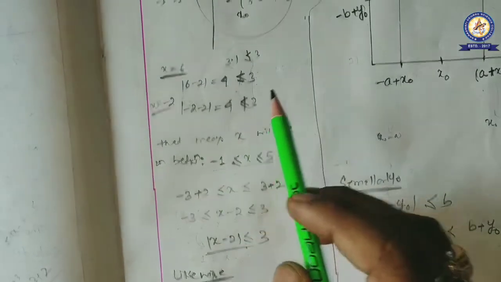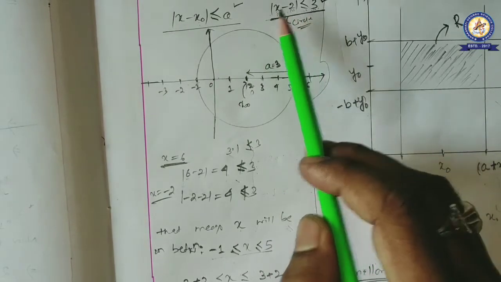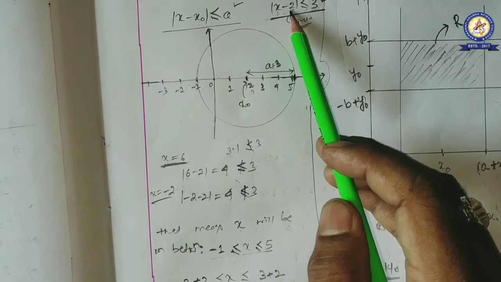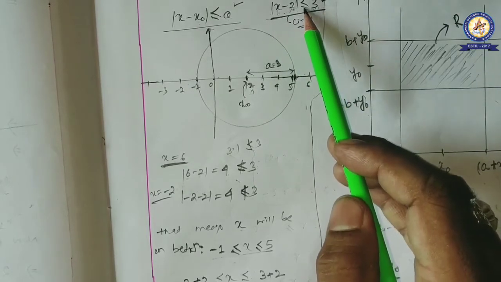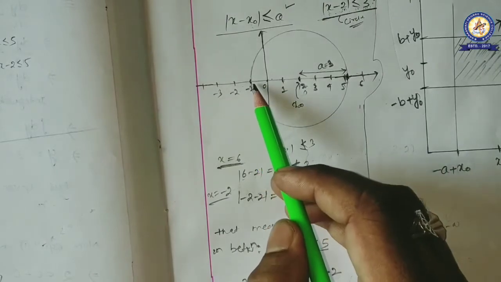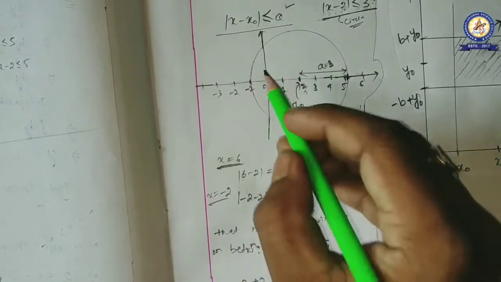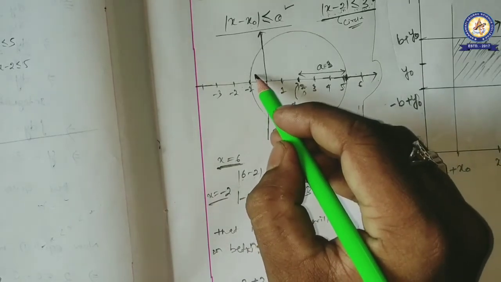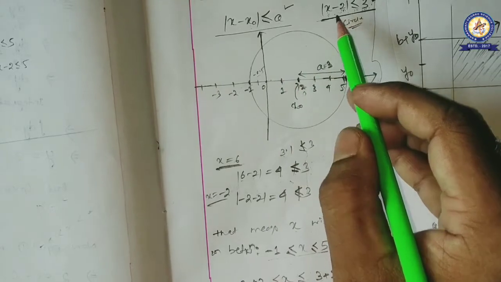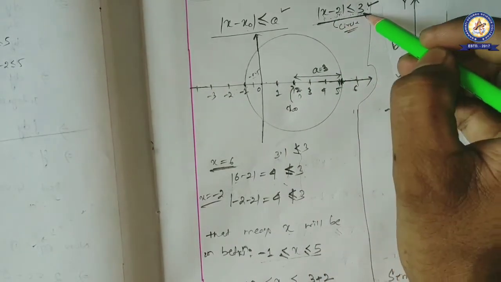If we consider minus 1, then minus 1 minus 2 is minus 3 and its mod is 3, so 3 is equal to 3. So minus 1 can be considered, and points greater than that as well. Suppose I consider minus 0.5. Minus 0.5 minus 2 is minus 2.5, and its mod is less than 3.